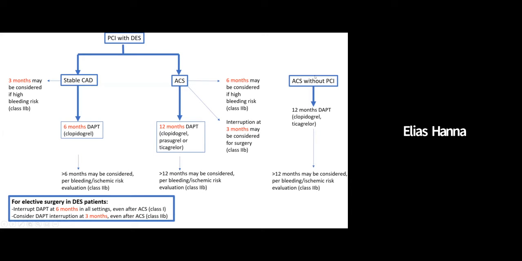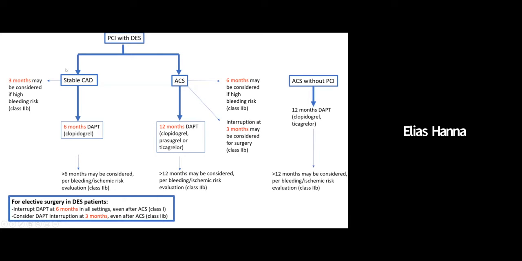The recommendation also, if you don't undergo PCI, maybe that's a less important column, is for 12 months, but you can do more than 12 months if, again, same idea, the bleeding risk profile is favorable, also class 2B. And as I mentioned, for surgery in all settings, they allow you to interrupt at 6 months in all settings, class 1, at 3 months, even after ACS, class 2B.